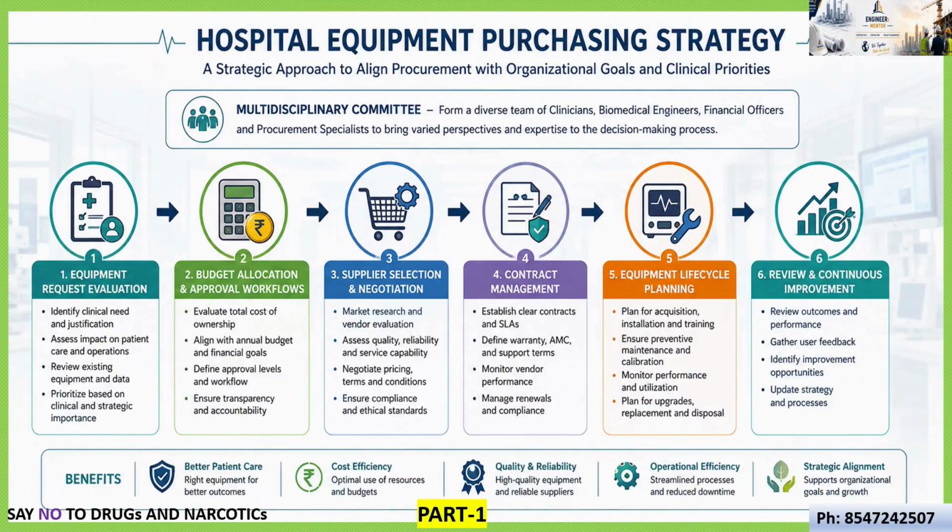In procurement, the purchasing strategy is very important, because sometimes the investor may say that he is the owner of the building and the owner of the hospital, and he starts deciding everything. It will not go the right way, because the end user will be the doctor, the nurse, or the operator. They are the end users of the equipment, and the beneficiary, the patient, is also a stakeholder.